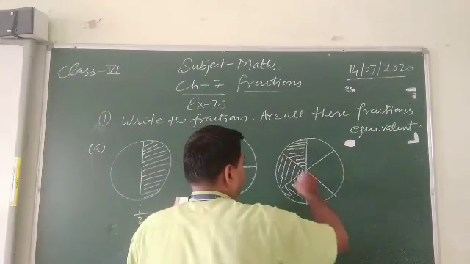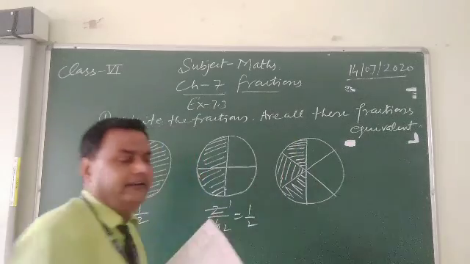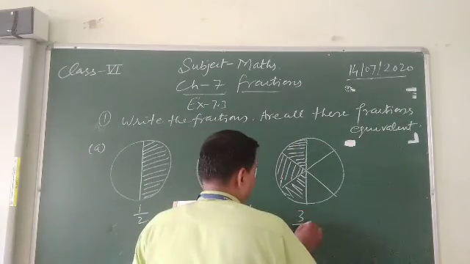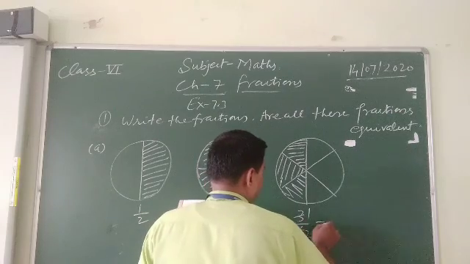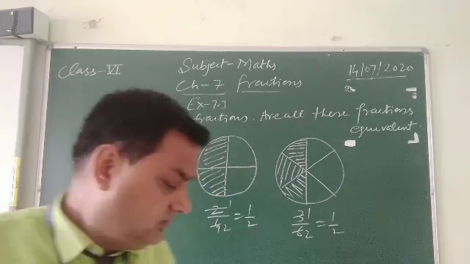There are 6 parts: 1, 2, 3, 4, 5, 6. There are 6 parts in which 3 parts are colored. So fraction is 3 upon 6. 3 1 is 3, 3 2 is 6, 1 upon 2. Is it clear?